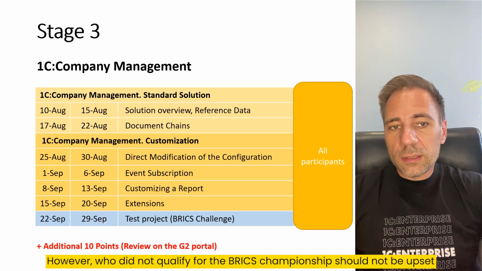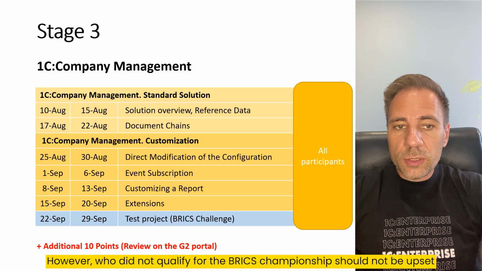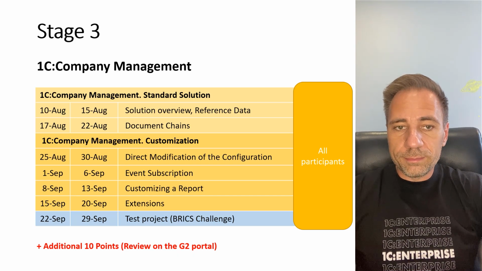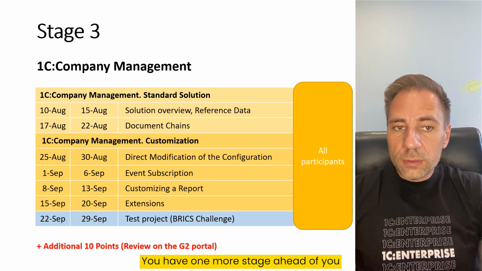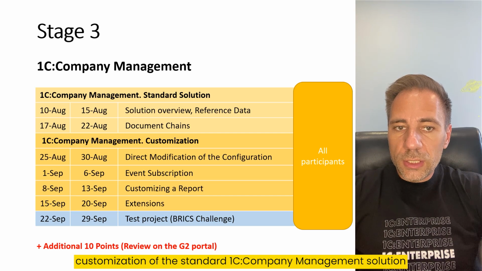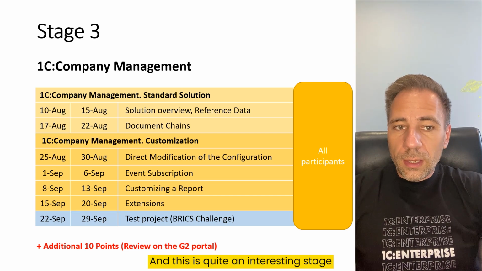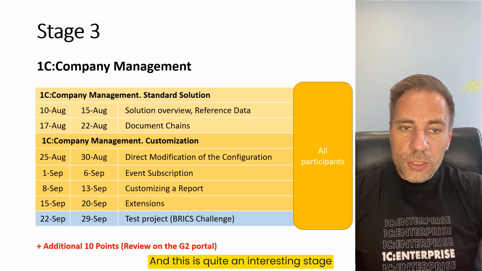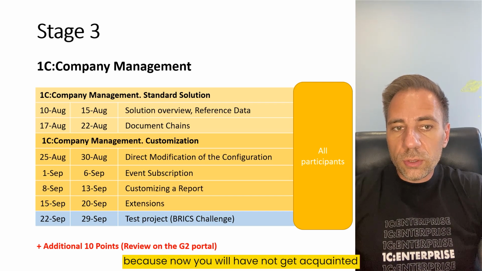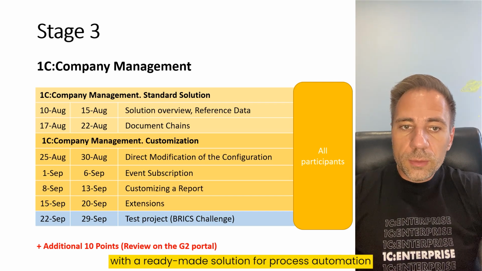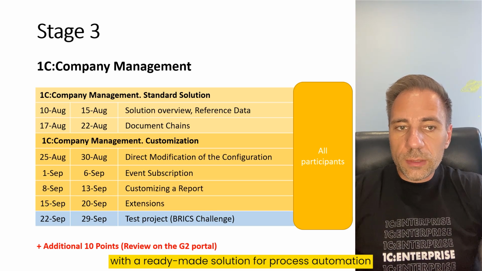However, those who did not qualify for the BRICS Championship should not be upset. You have one more stage ahead of you: customization of the standard 1C company management solution. This is quite an interesting stage, because now you will get acquainted with a ready-made solution for process automation.